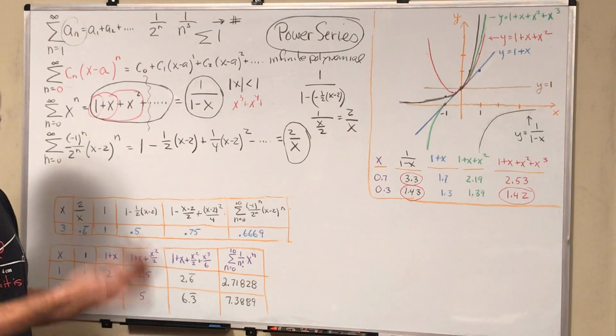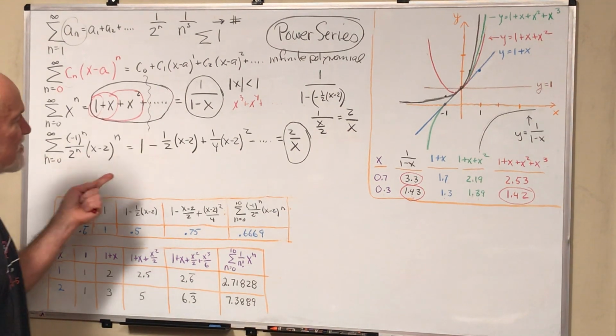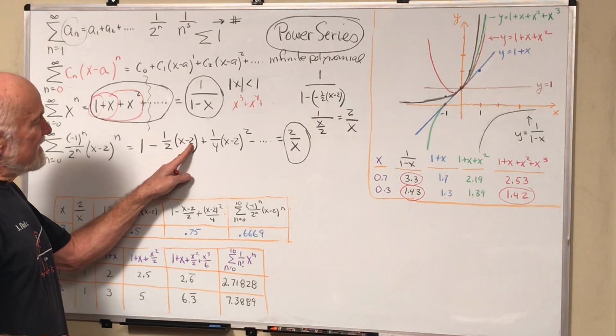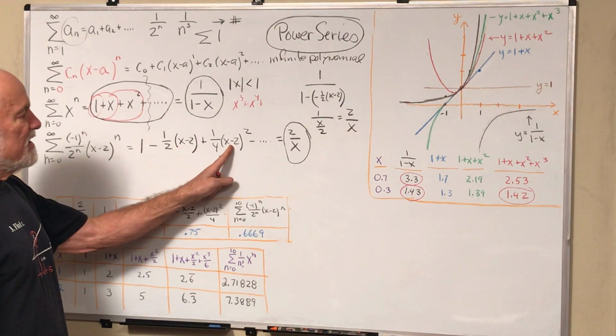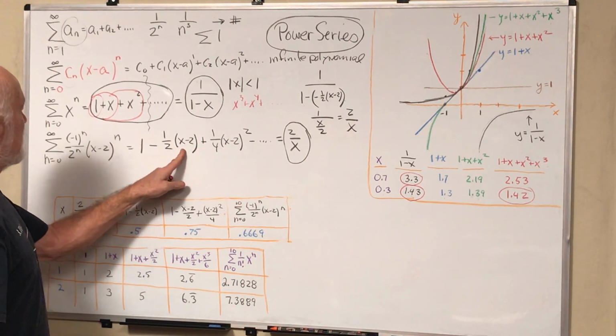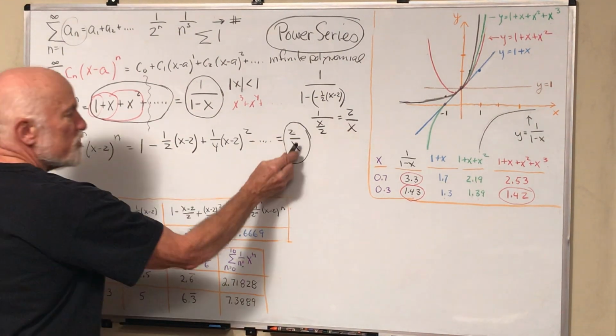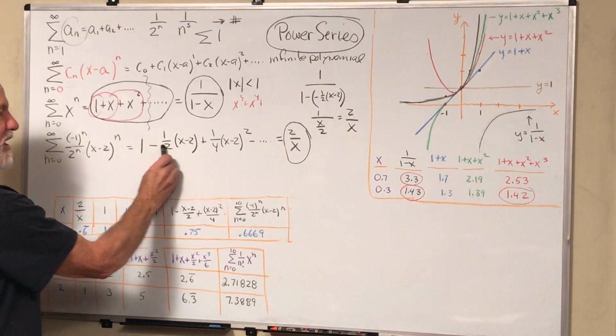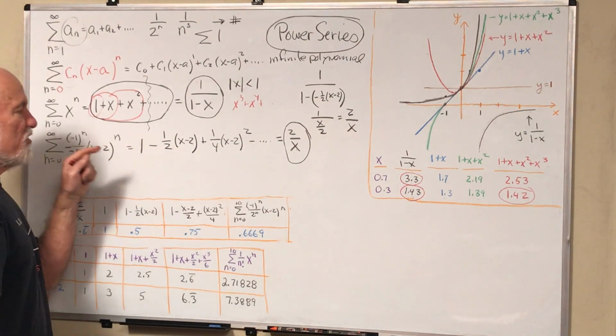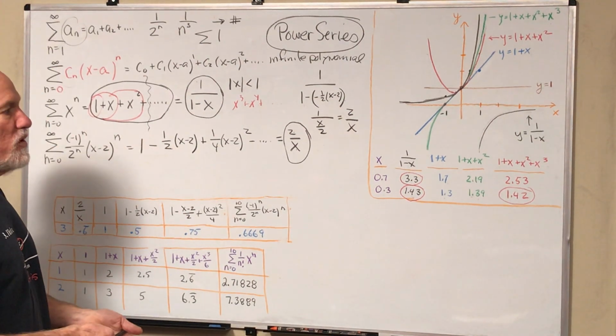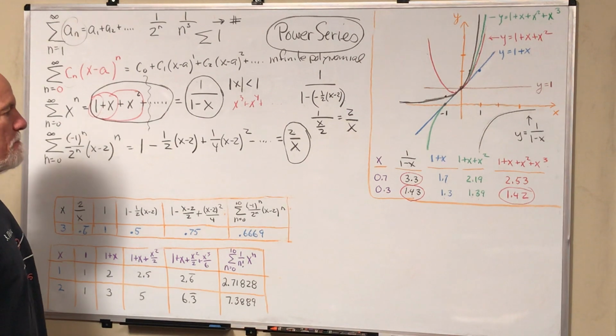And everything should be the same. It should do the best at x equals 2, because at x equals 2, it's going to be exact. 2 over 2 equals 1, and every other term would go to 0. So the farther away you get from 2, the worse it's going to be.